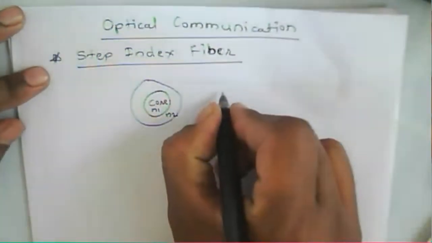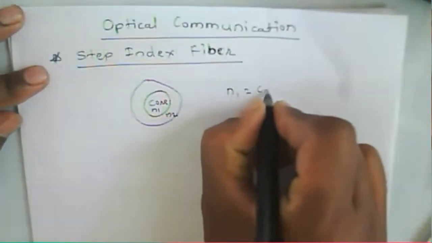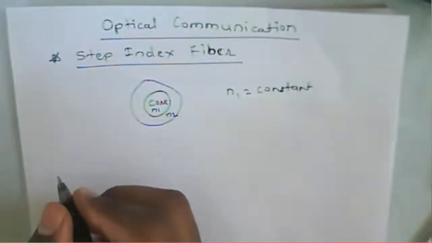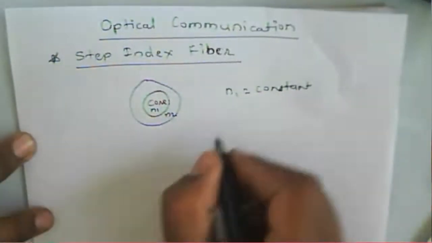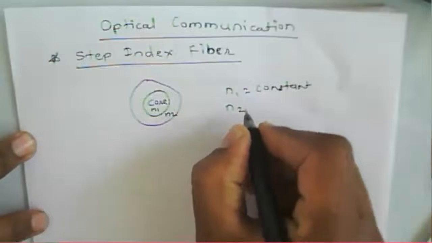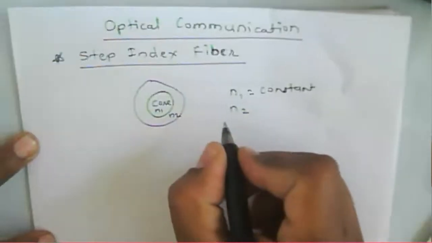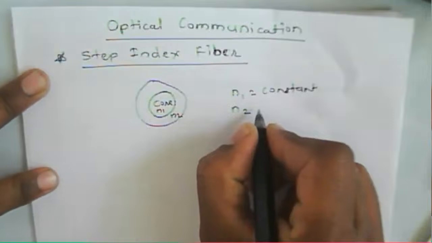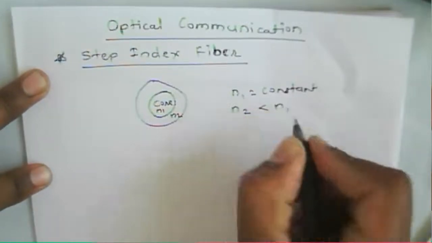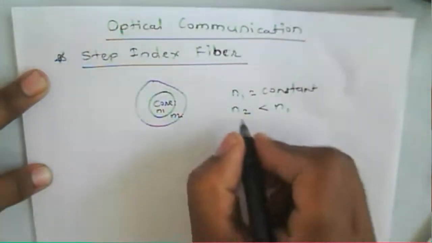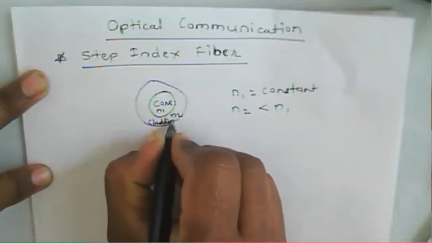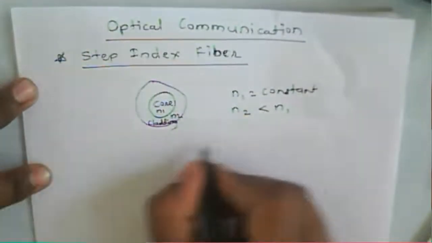So throughout the core, N1 is a constant. But N2, the cladding refractive index, is slightly lower than N1.